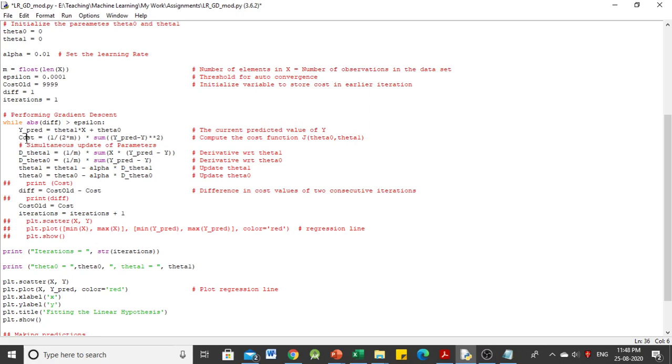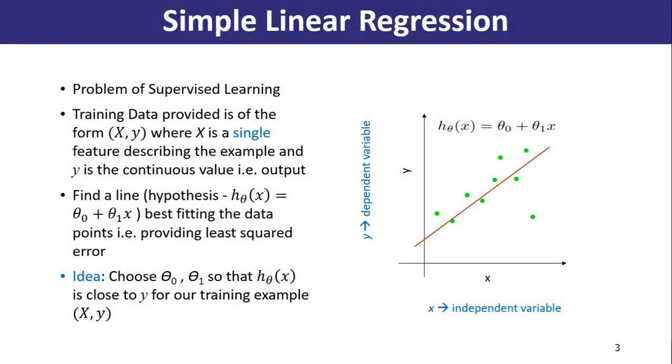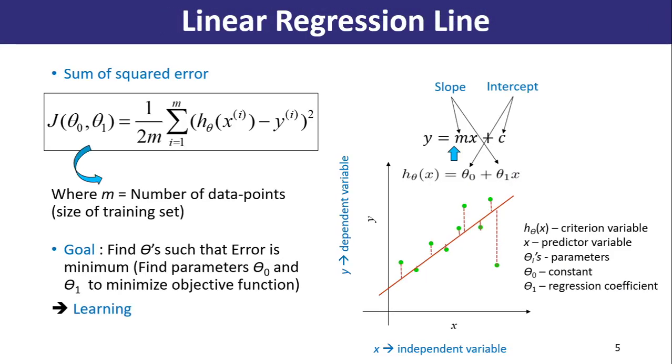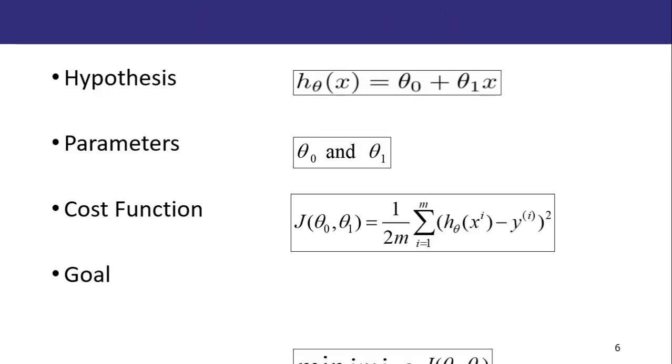Now we have computed the cost. What next? We want to simultaneously update the parameters. To update the parameters, let us once again go to our formula for gradient descent with linear regression.